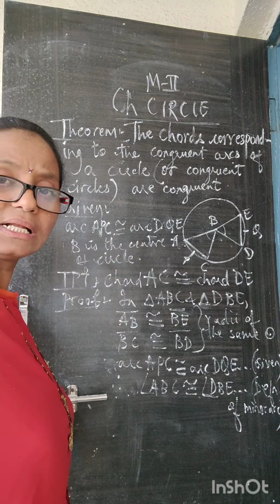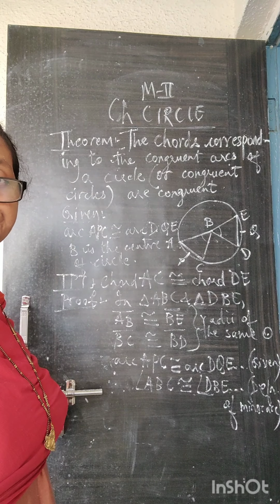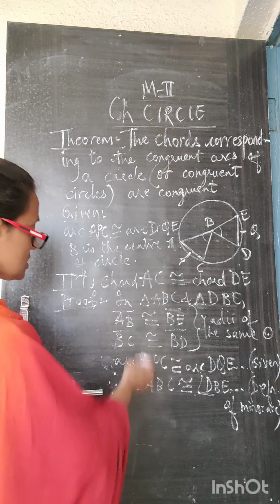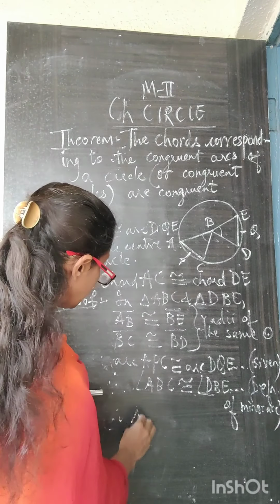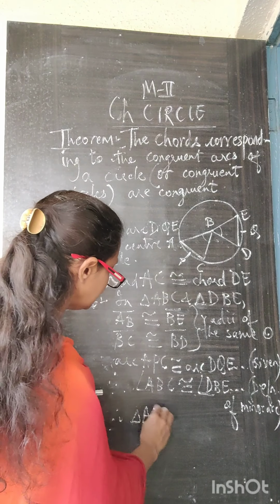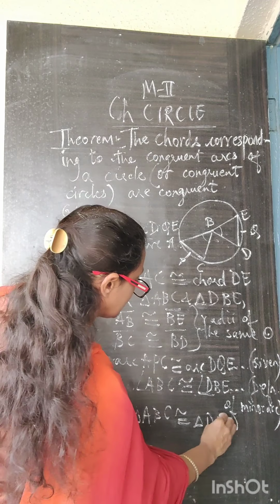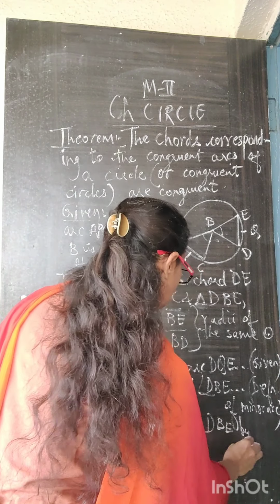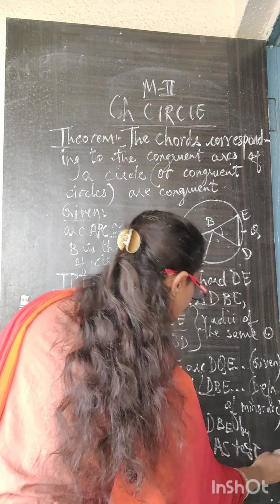I hope it is very clear to you whatever I have written. Definition of minor arc. Then further from this what do we get? Therefore, triangle ABC is congruent to triangle DBE by the SAS test of congruent triangles.